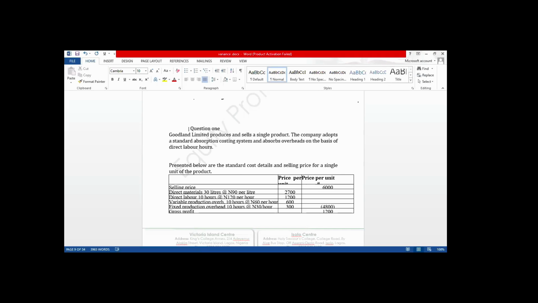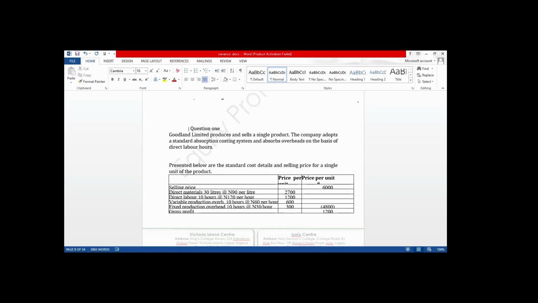Presented below are the standard cost details and selling price for a single unit of the product. The selling price is 6,000. Please correct it in your notes, not 600 naira. Price is 6,000.